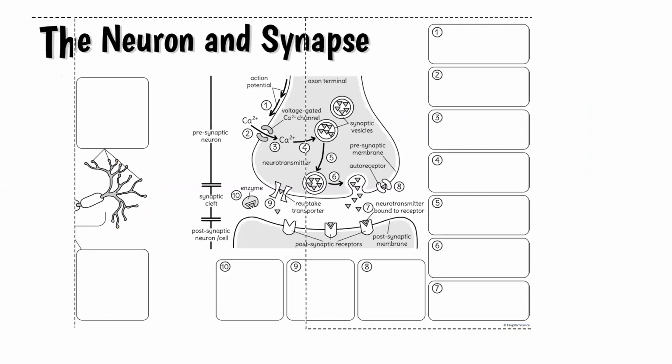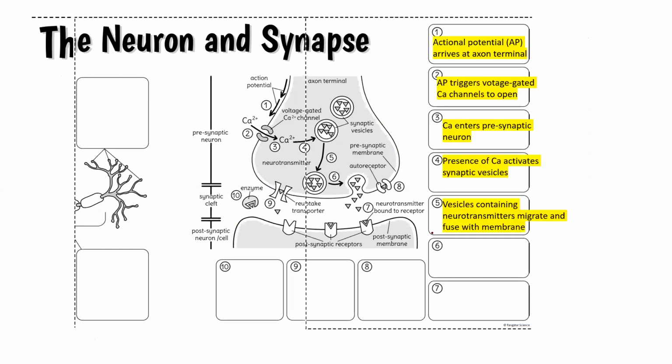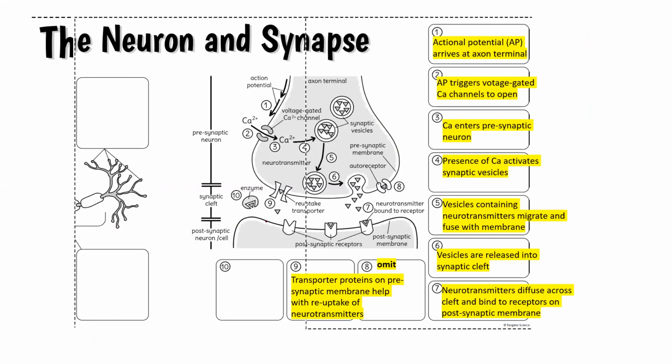Okay, you've got this project, cut and paste this out. This is the second part of this where it just goes through the different parts and you can double check that you've got these right in here. Skip number 8, too much information. Number 9, we've talked about, and the enzyme. We're going to use the example of acetylcholine as a neurotransmitter here.